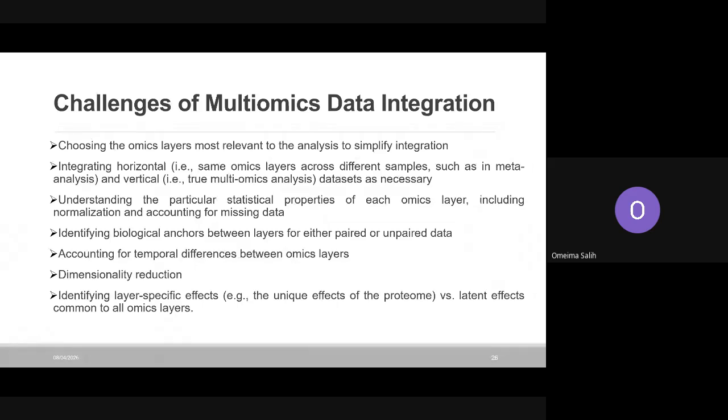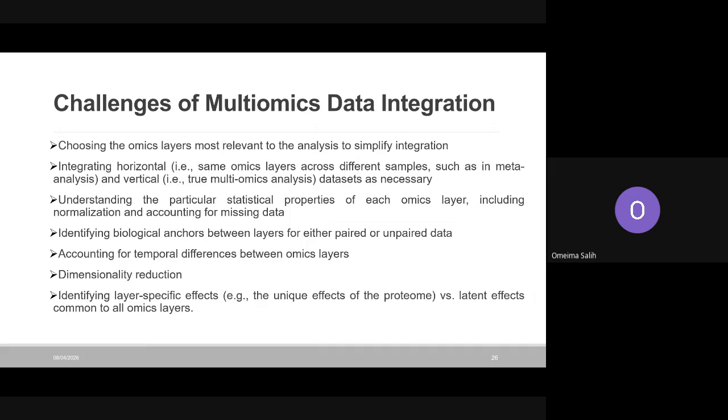The other thing is dimensionality reduction. That means in each omic there is a space of analysis. We call it a space of analysis. That means within this space you are analyzing a specific type of, for example, protein.